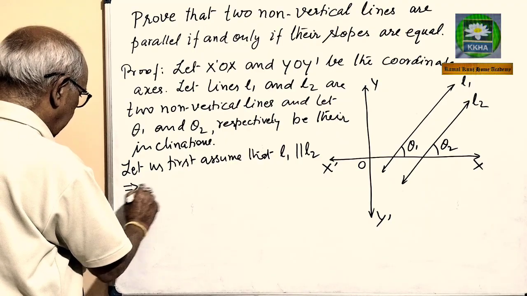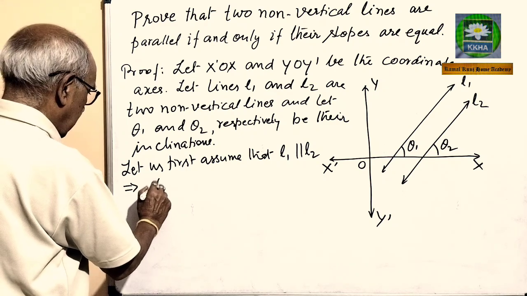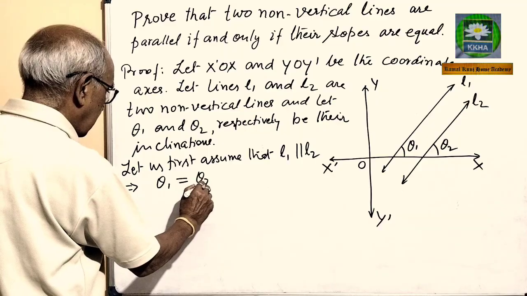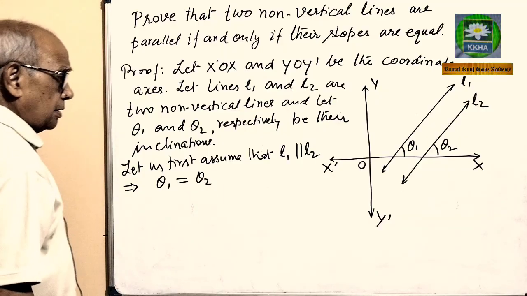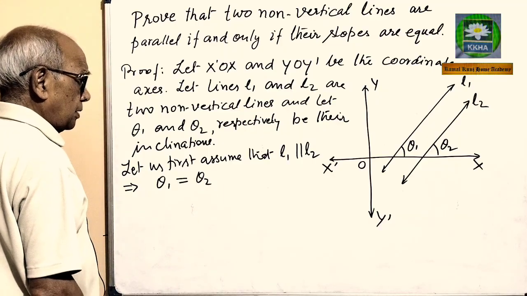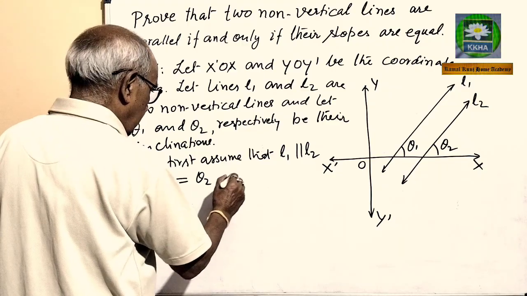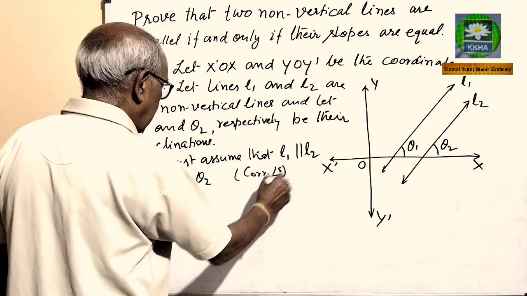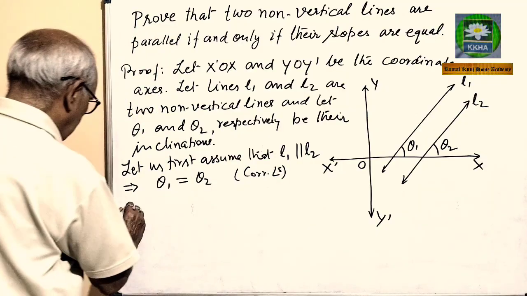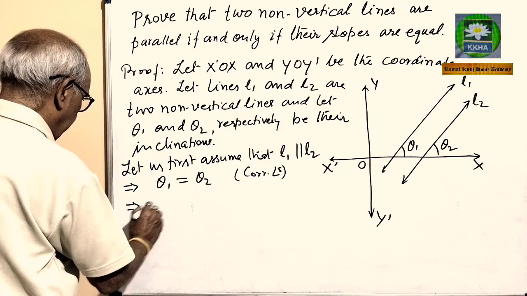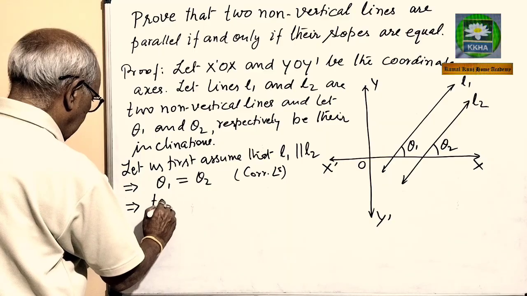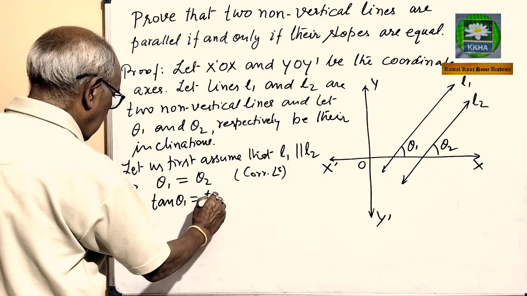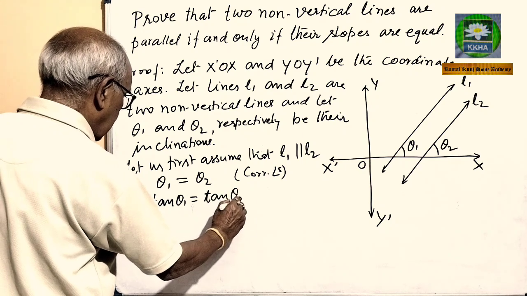This implies that theta 1 will be equal to theta 2, since corresponding angles are equal. This implies that tan theta 1 is equal to tan theta 2.